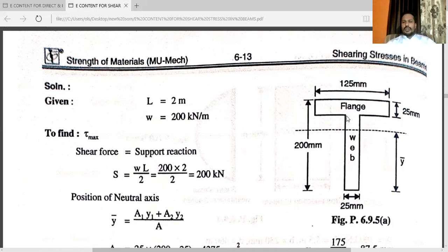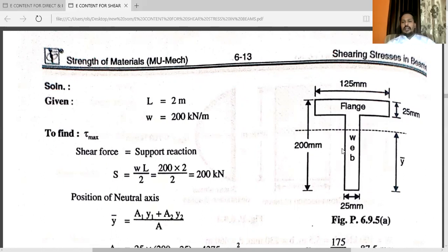See the cursor location. Area above the neutral axis or below the neutral axis. But you have to take a complete area above or below. Now here we are taking below. So area will be from this dotted line to this point, from this point to this.